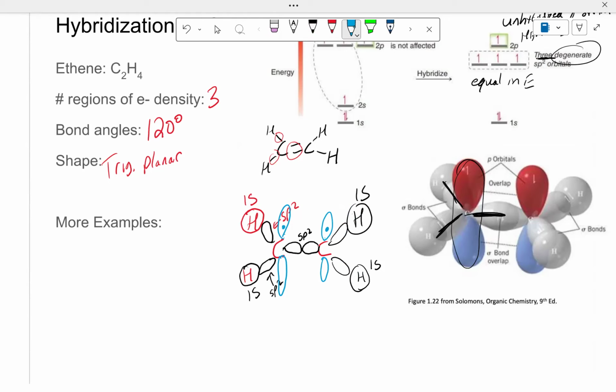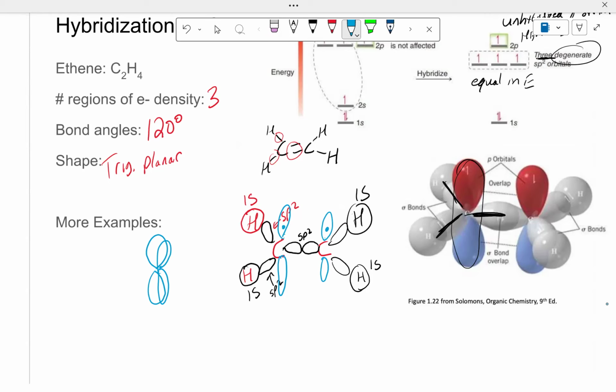Now, it's hard to see in either of the diagrams on this page. But the way that those p orbitals overlap, or I should say, they are close enough so that they will overlap, they're going to overlap side to side. I know it's very hard to draw and imagine. But those p orbitals are close enough so that they will overlap side to side.